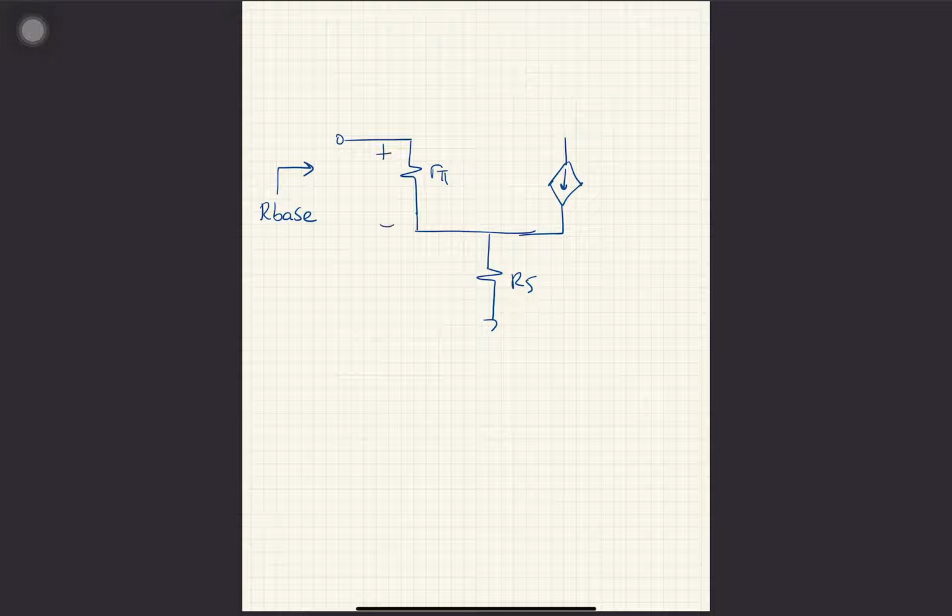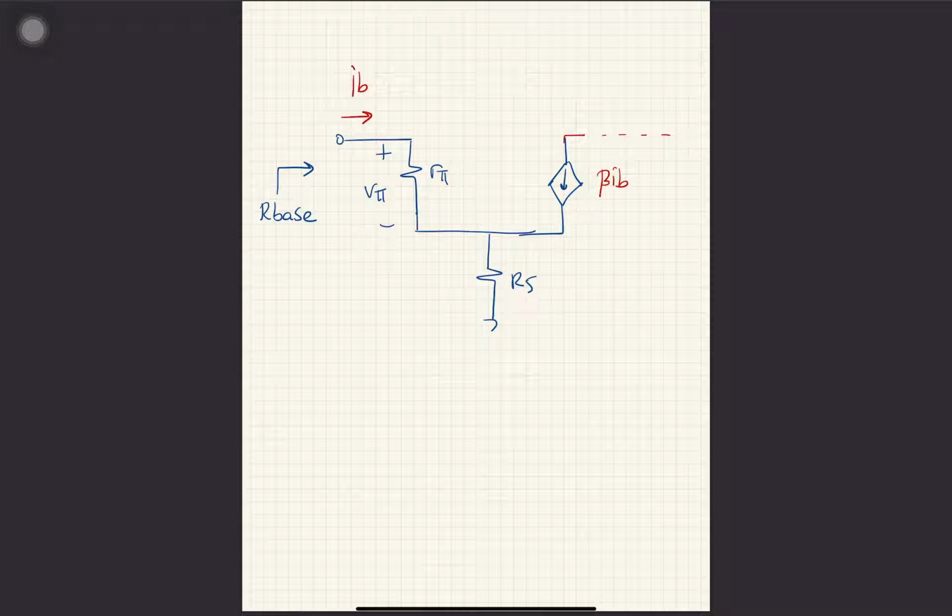If I use this new model, I can see some things much more easily. So I have I base current passing through here. I have beta I base passing through here. There is the rest of the circuit, but it does not have any effect on the input resistance because this controlled current source shows the effect. The rest is important, but it's not important for finding R base.